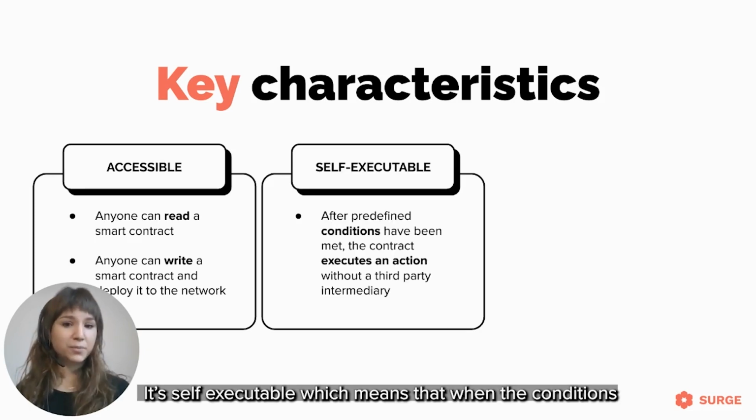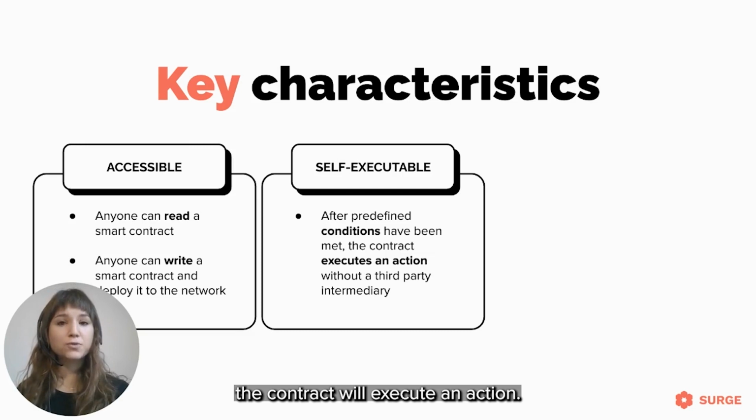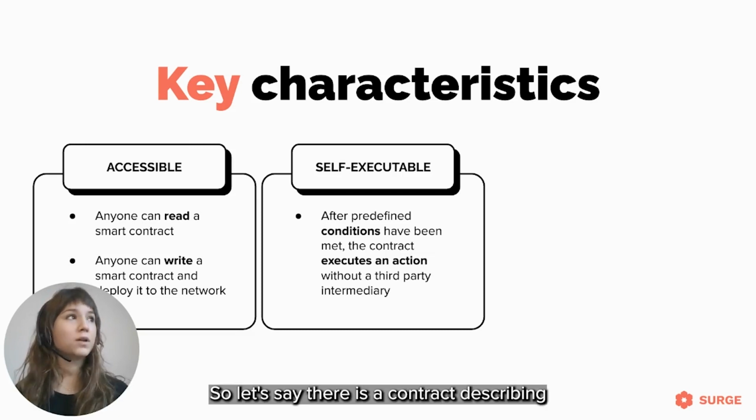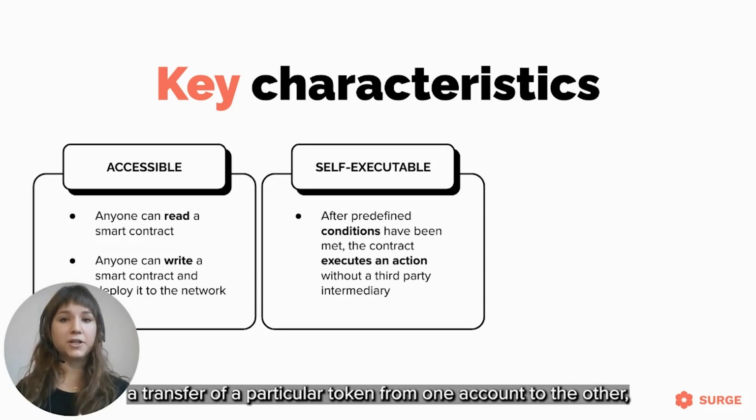It's self-executable, which means that when the conditions defined in the contract have been met, the contract will execute an action. So let's say there is a contract describing a transfer of a particular token from one account to the other.